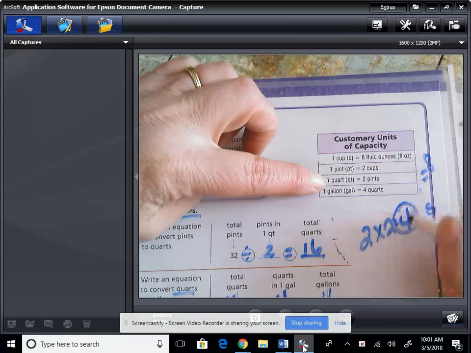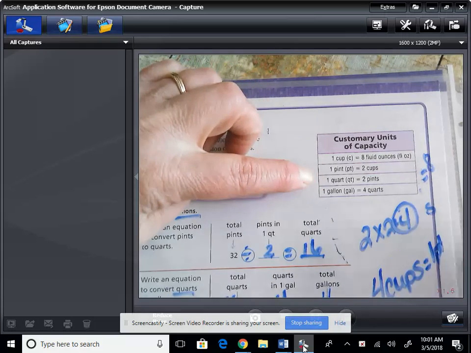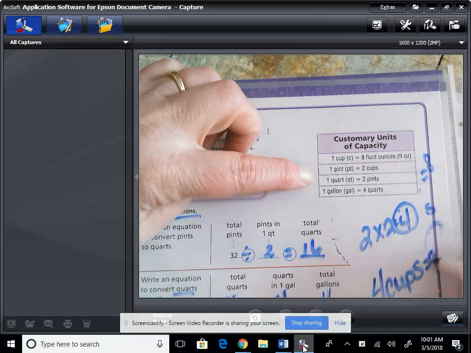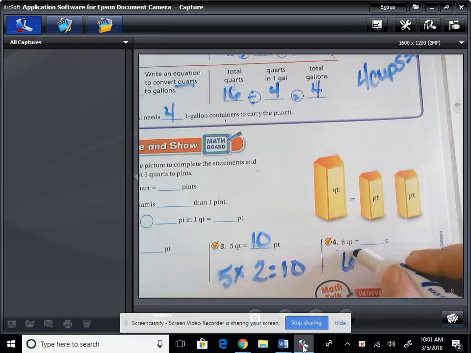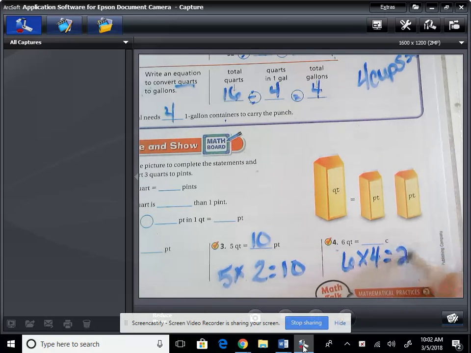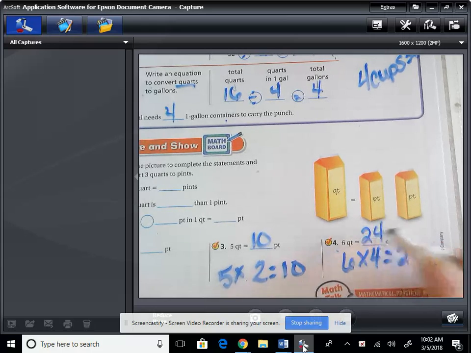So there are 4 cups in 1 quart. So when I know that, I know 6 times 4 equals 24. 24 cups.